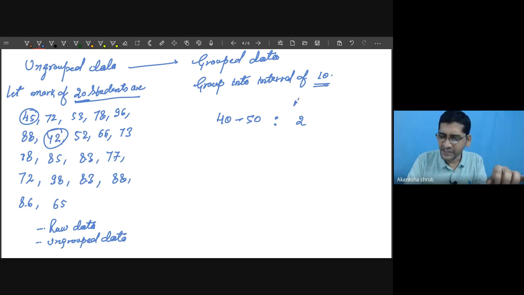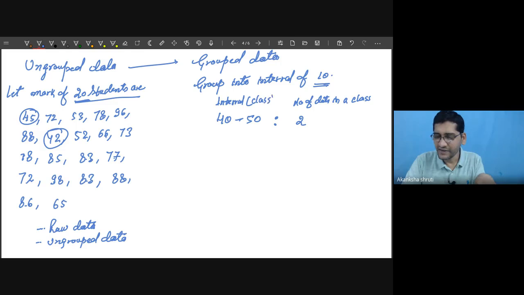So here we are writing the number of data in a class. Whatever interval we are choosing is called a class, or sometimes a class interval. So interval or class interval mean the same thing.